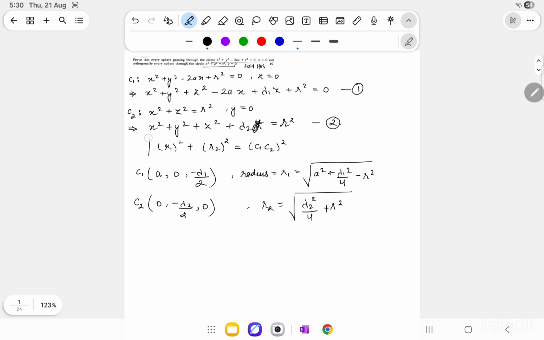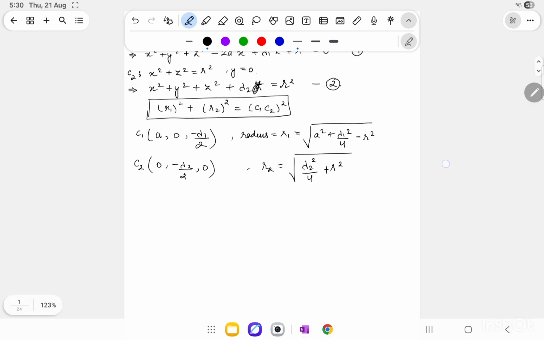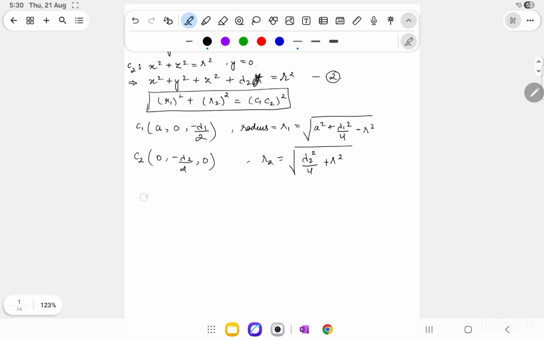So now using the orthogonality result, I'll get a square plus lambda 1 square by 4 minus r square plus lambda 2 square by 4 plus r square is equal to a minus 0 whole square plus 0 minus lambda 2 by 2 whole square plus minus lambda 1 by 2 square.